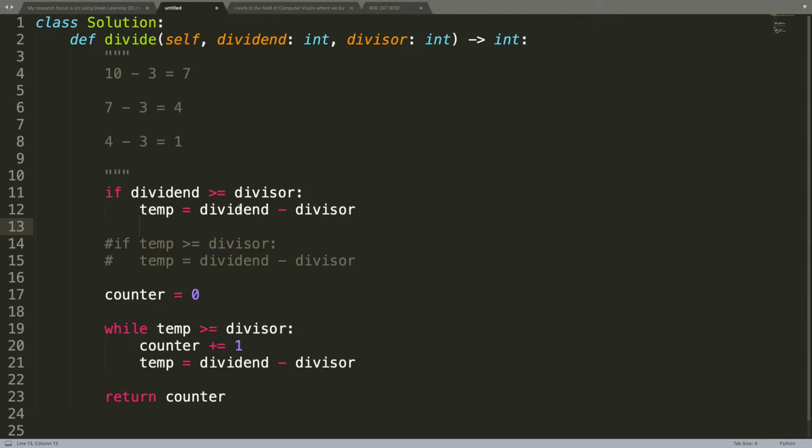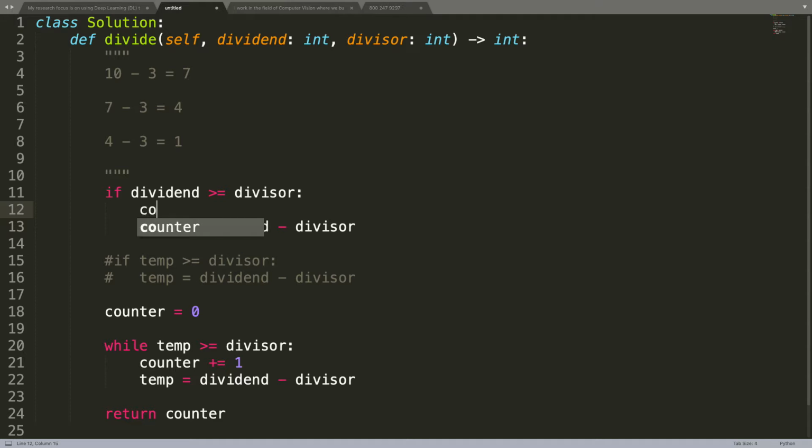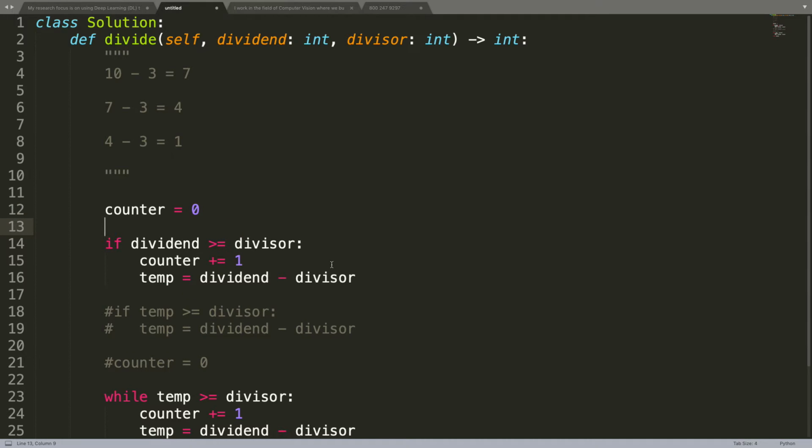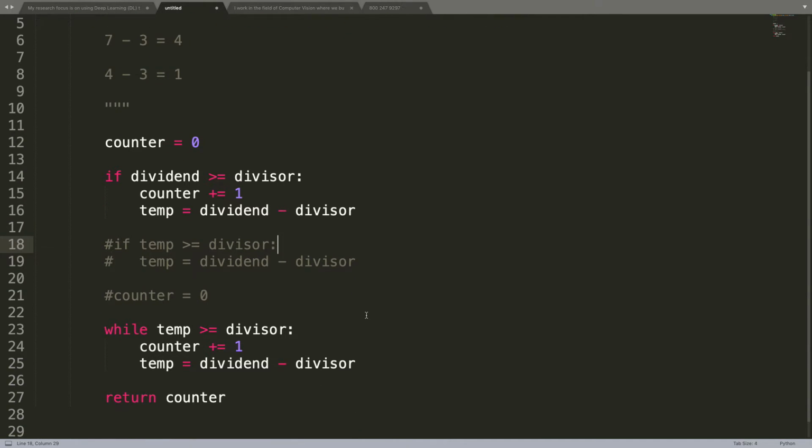If dividends is greater than or equals to divisor, then I can do this. Then I can also do my counter here because I need that, and I can take this away from here and have it here. Seems it looks good. Let's see.